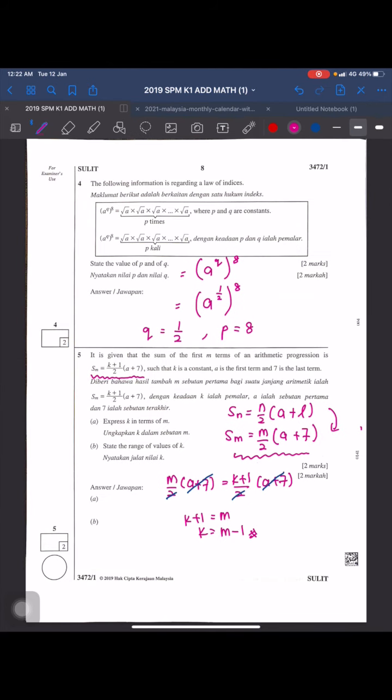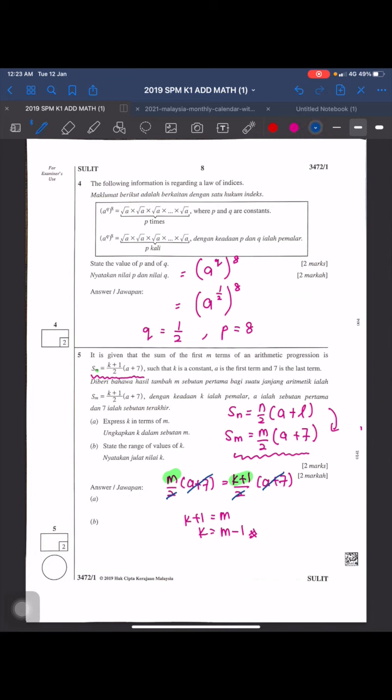Okay, 5B. State the range of values of K. So, kita tahu M itu mestilah lebih besar daripada 1. Betul tak? Kalau M tu 1, dia akan jadi S1. Dia akan jadi first term sahaja. Okay. So, apa yang kita boleh buat?